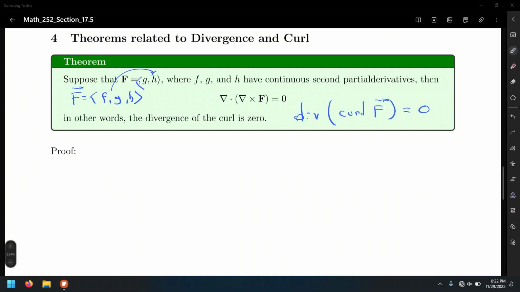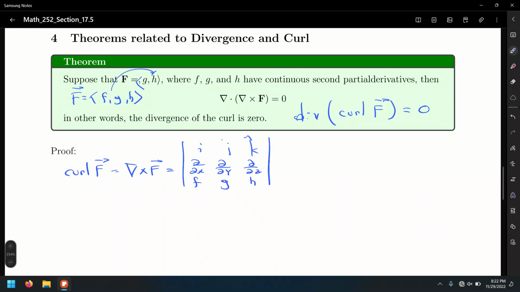Well, number one, we're going to do the inside first, the curl. The curl of F, which is nabla cross F, that is i, j, k, and the partial with respect to x, partial with respect to y, and partial with respect to z. And we have the other row, which is f, g, and h. And we're going to use the same definition. There's really nothing numerical. Let's just copy that.